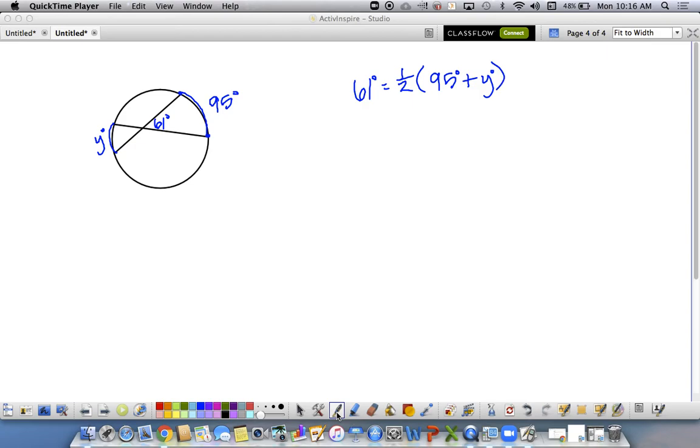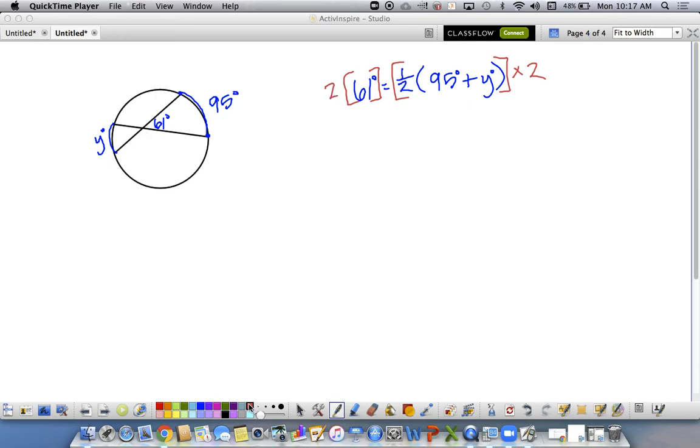Okay, so how am I going to solve this? Algebra helps tremendously, but there's a couple different ways you could solve it. Okay, could I distribute the 1/2 to each piece? You could. I personally would suggest you take each side and multiply it times 2.